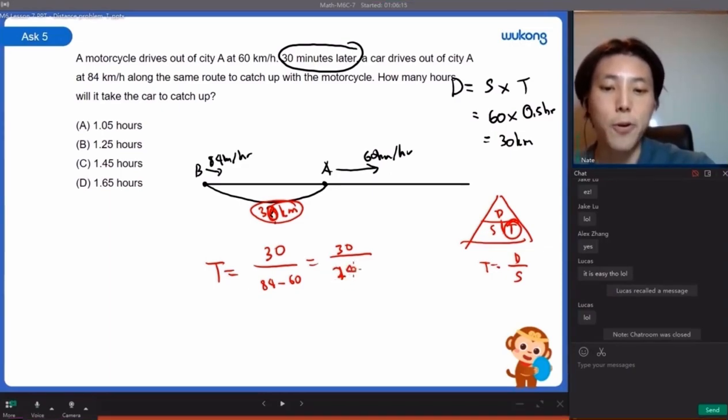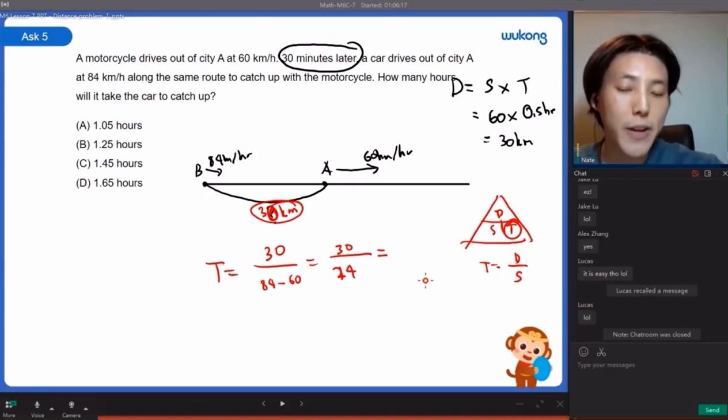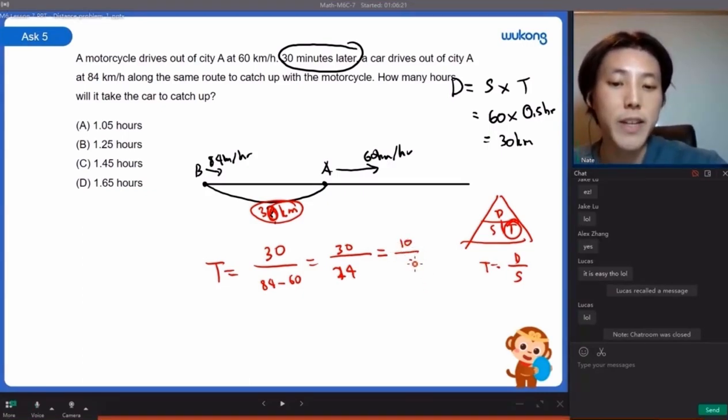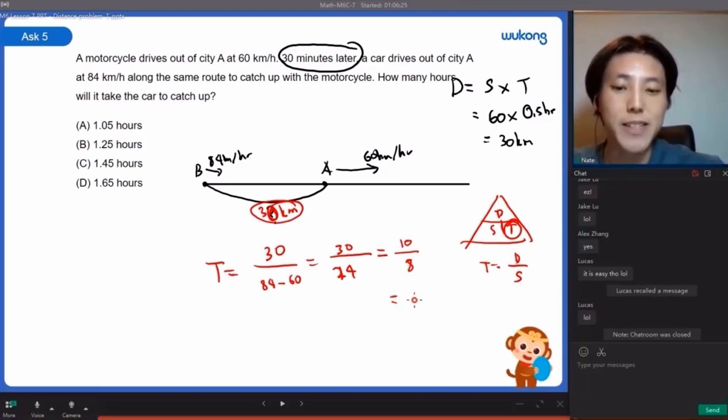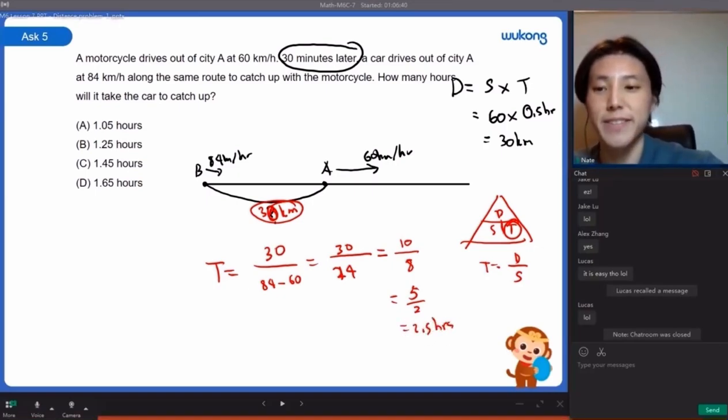If I simplify this, let's divide the top and bottom by 3. Oh, sorry, I made a mistake.